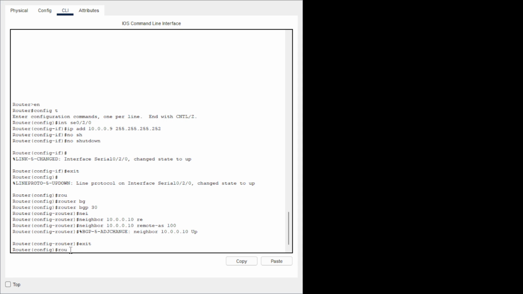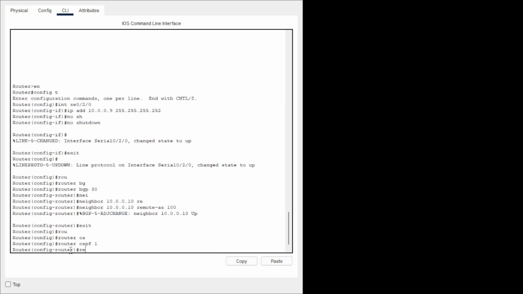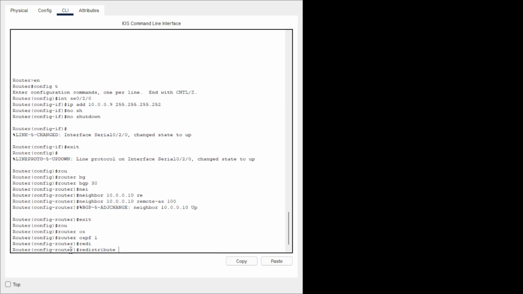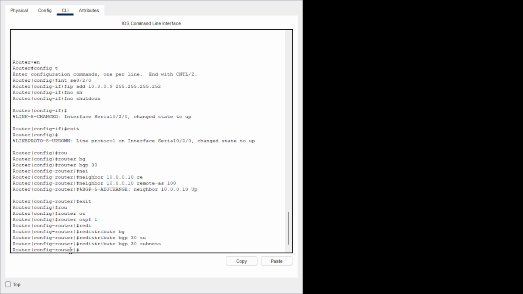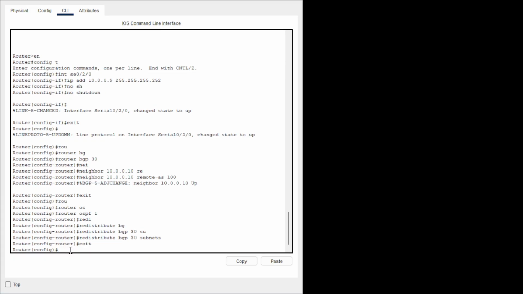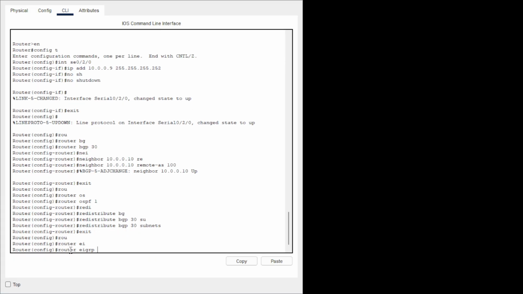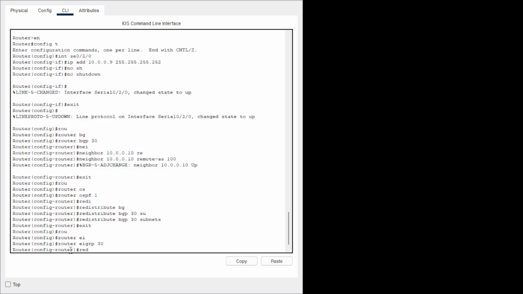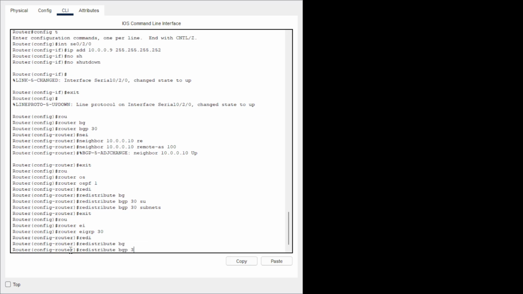So first I will open router OSPF process ID 1, redistribute BGP with ASN number 30 with subnets. Okay, exit. And also router EIGRP ASN number 30, redistribute BGP with ASN number 30.